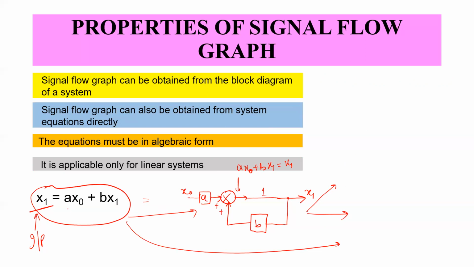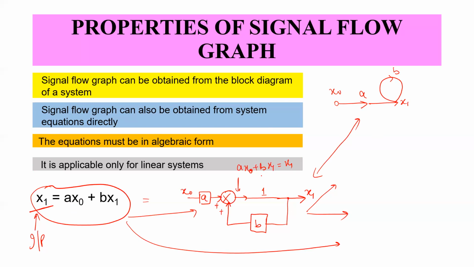We can get the signal flow graph either from this equation or from this block diagram, right? So for example, if we have to get the signal flow graph from the equation, we simply will have a node. This is x naught, which is multiplied with some gain a, and then we have here x1. x1 is multiplied with some gain b, and this is the signal flow graph of this particular block diagram.